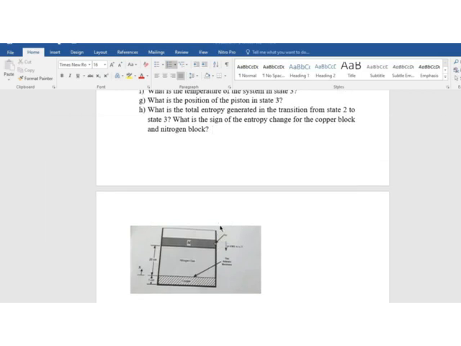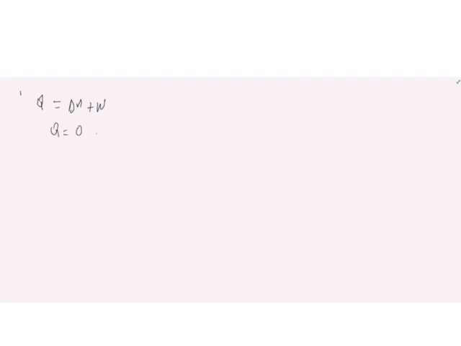So to do that, we know that from the first law of thermodynamics, we have Q equal to the change in internal energy plus the work done by the gas or the work done by the piston. So now we have our Q equal to 0 because we were told that it is adiabatic in nature, and also it is frictionless.